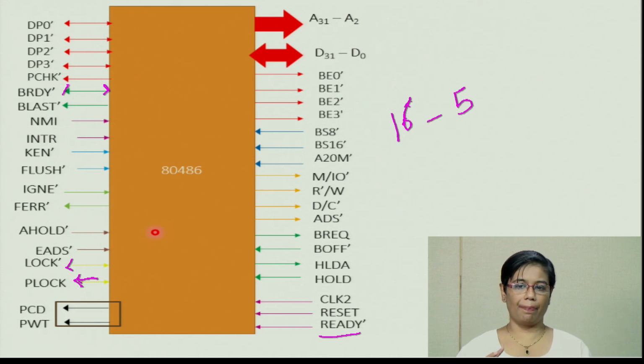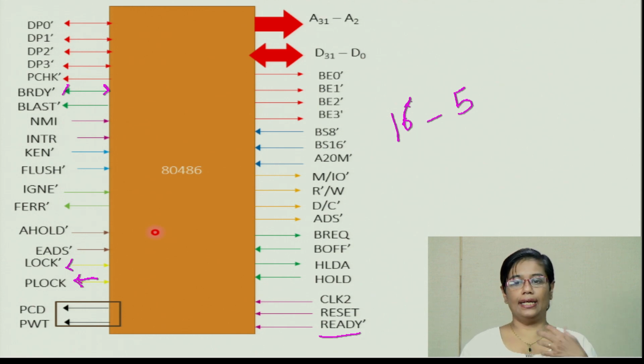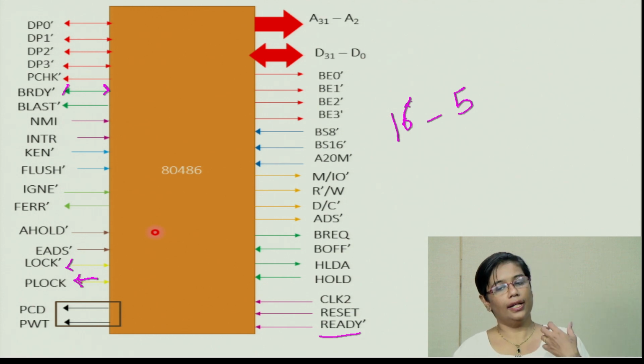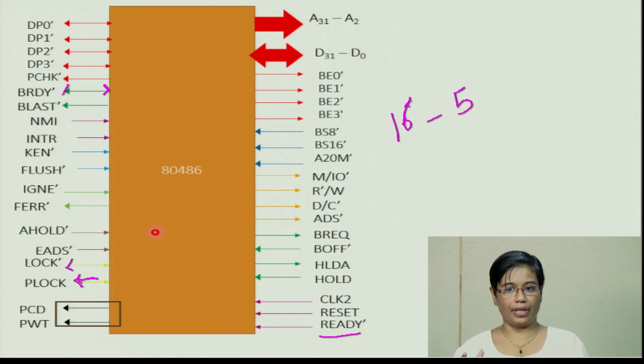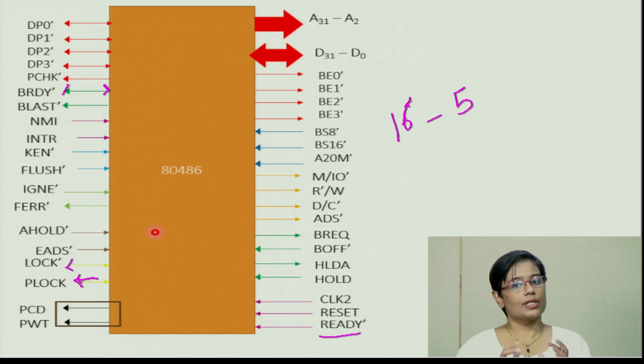The PCD and PWT signals actually reflect the contents of an internal register. So when we come to the cache, we will then have a look at the PCD and the PWT signal. Then we will see what is the function of that register and what these signals have to do with it. So this is the architecture of 80486 and the pinout of 80486.